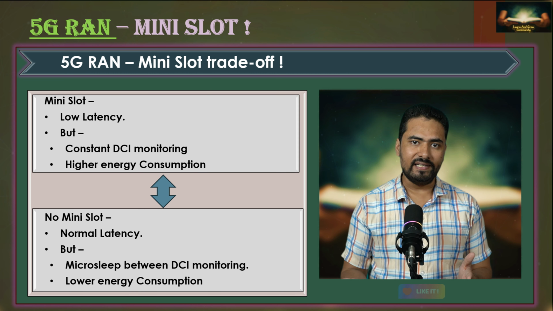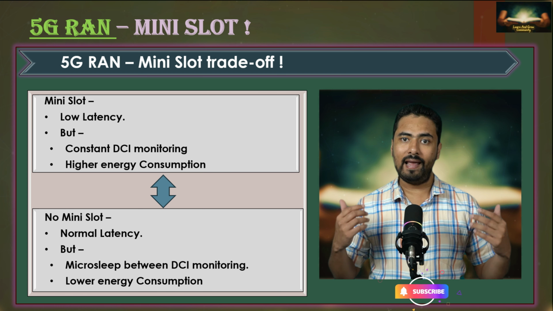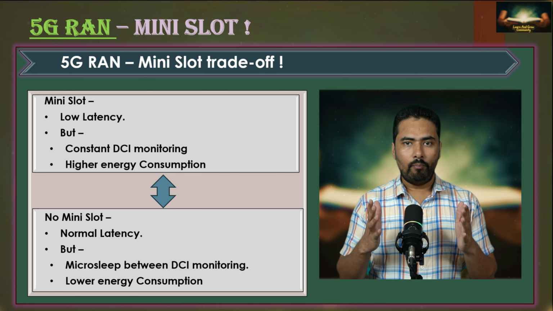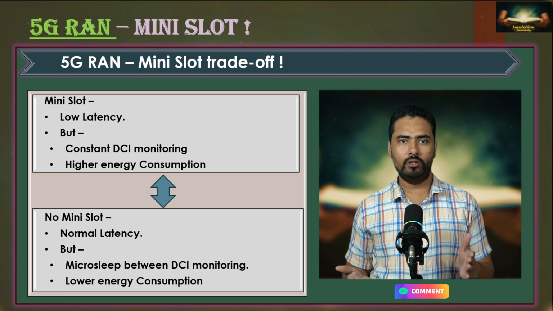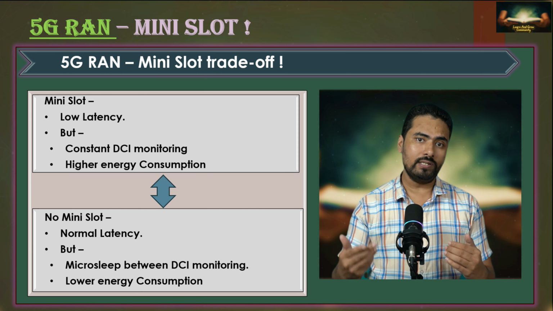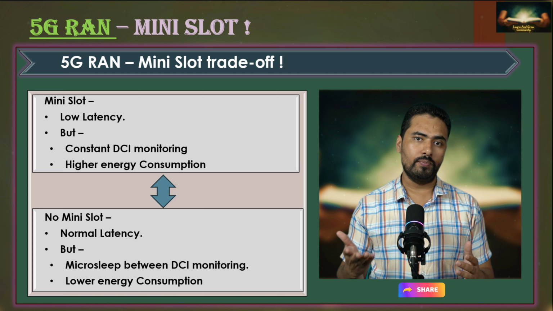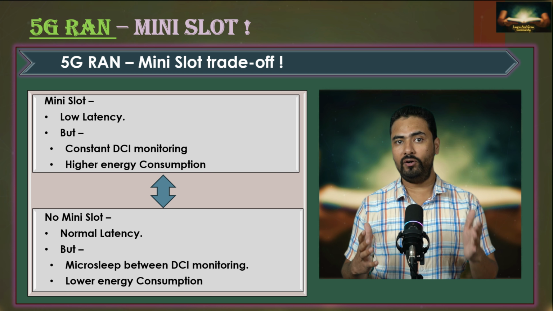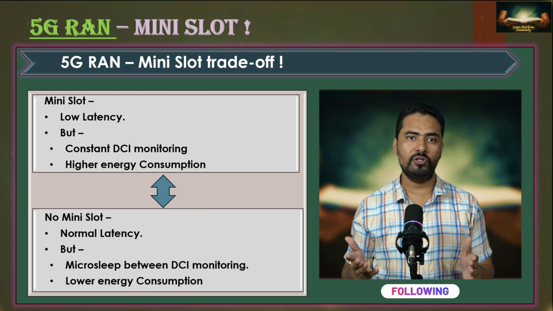However, for low latency devices that use mini slots, the data can be scheduled at any time and in any slot, so we have a trade-off here because low latency devices have to constantly monitor the DCI channel and hence they cannot sleep between the slot boundaries, and this increases the power consumption. Therefore, it's essential to understand the trade-off between achieving low latency and maintaining power efficiency.